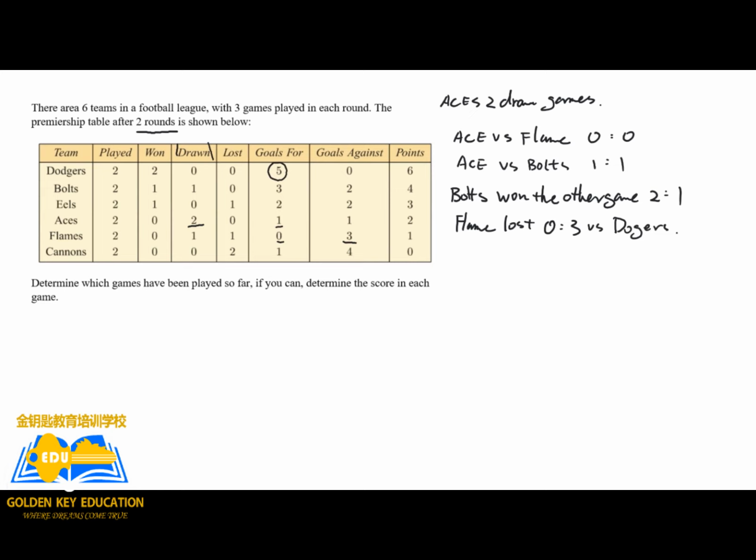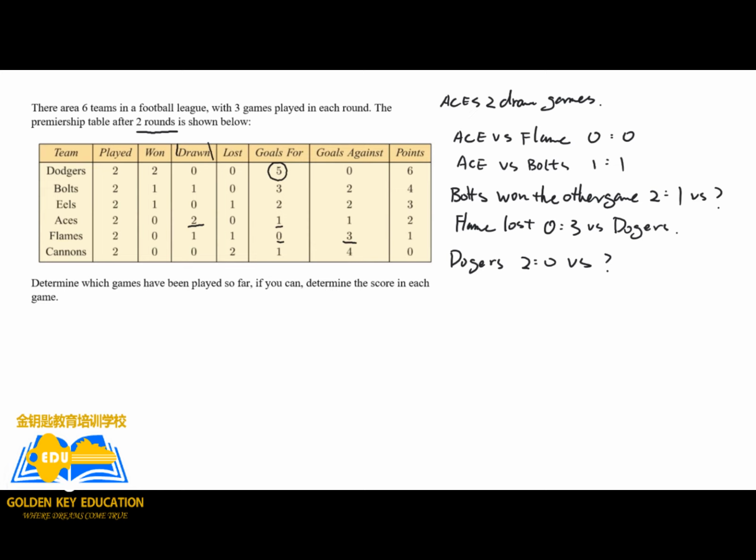Therefore, if we check with Dodgers, it has won both games and no goals against, so therefore it also won another game 2 against 0 versus someone. And also the game 2 against 1, like we said, also versus someone.